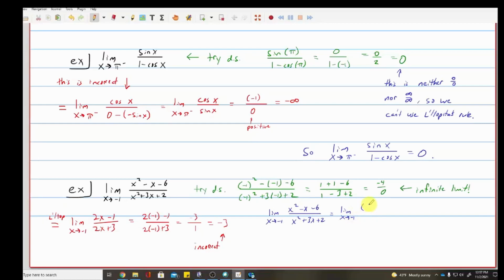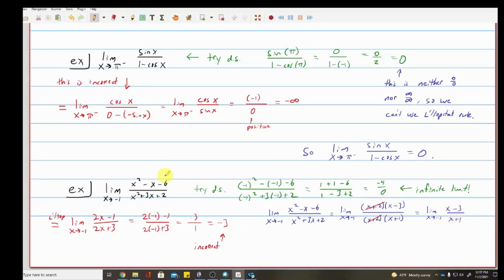So the numerator will factor into an x plus 2 times an x minus 3. And the denominator will factor into x plus 2, x plus 1. We can cancel the x plus 2's, but the x plus 2 isn't the factor that's giving us a problem. That's not where the 0 in the denominator comes from.